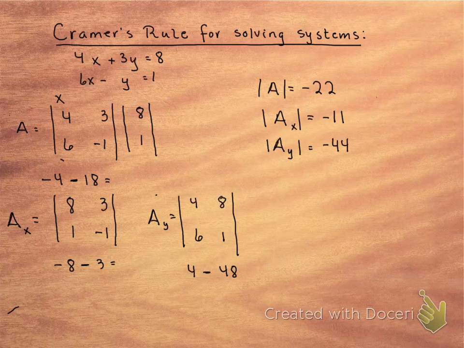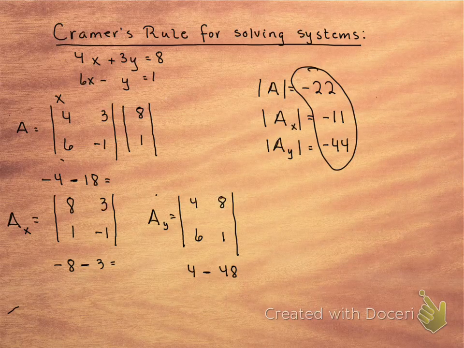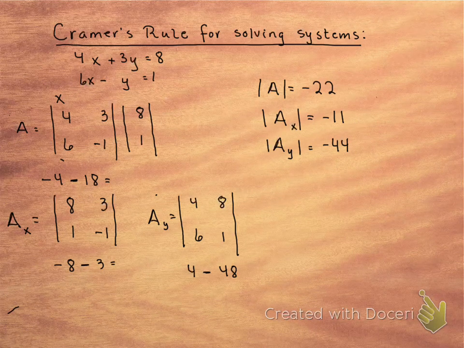Okay, so all of these values right here come from determinants. The main determinant comes from the main matrix. The X determinant comes from replacing the X column with the solutions. And the Y determinant comes from replacing the Y column with the solutions.